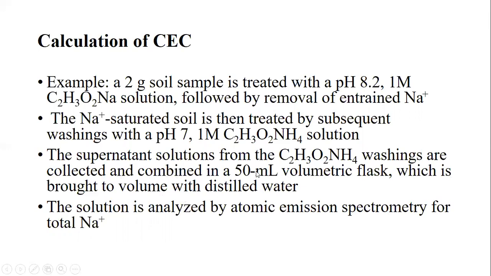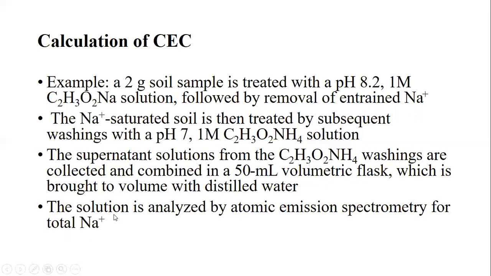So we bring it to the line of the volumetric flask with a little water. Now we have a 50 ml volumetric flask that contains all the sodium that was saturating the soil complex. The solution is analyzed by atomic emission spectrometry for sodium, so we see how much sodium we have.